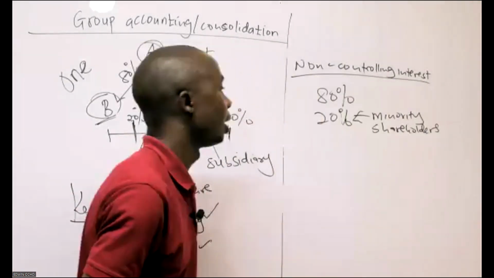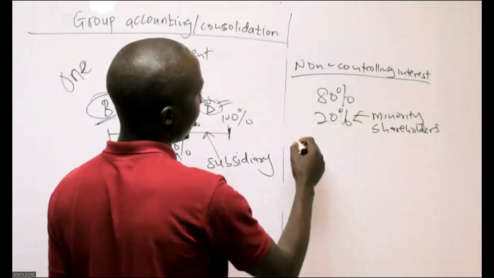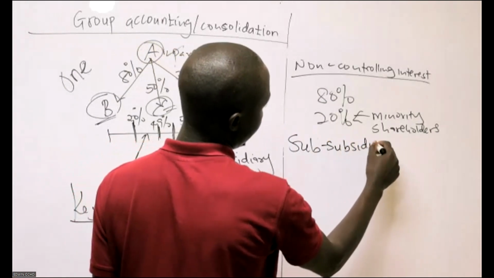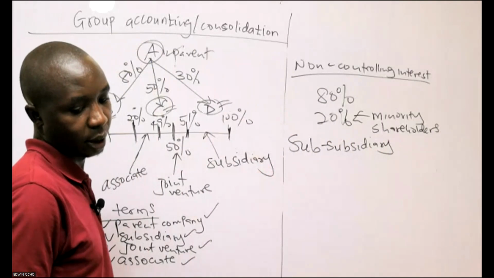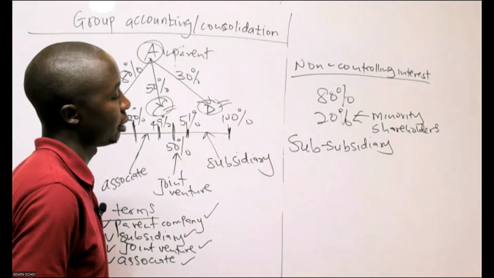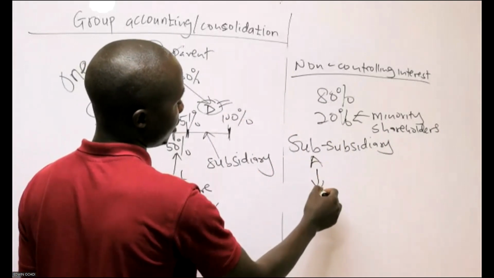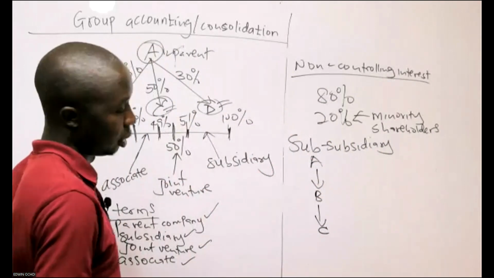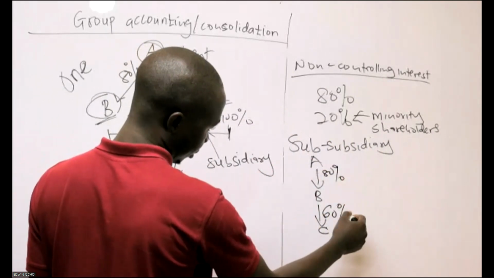Then now in advanced financial reporting, again, another terminology I have to talk about is all about sub-subsidiary. What are the sub-subsidiary? So these are the investee companies which are controlled by the subsidiary. Let's say A acquires B, then B acquires C. So on this scenario, if this one is acquired up to 80%, then this is 60.